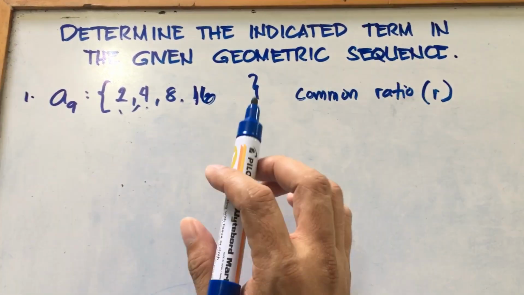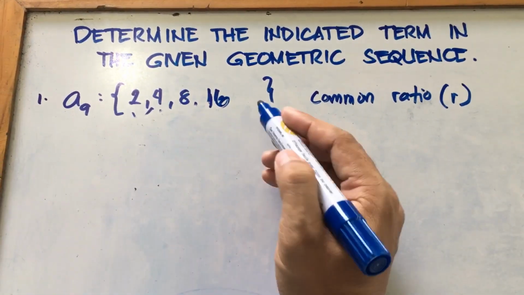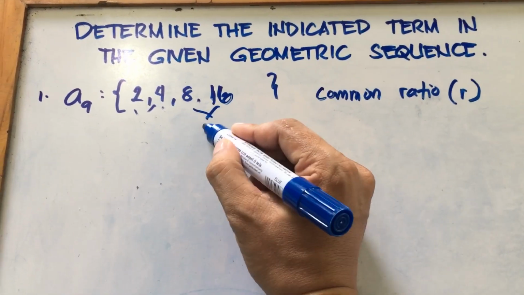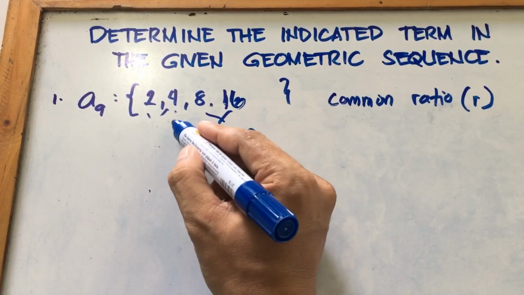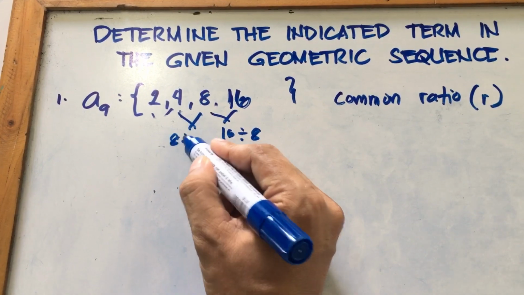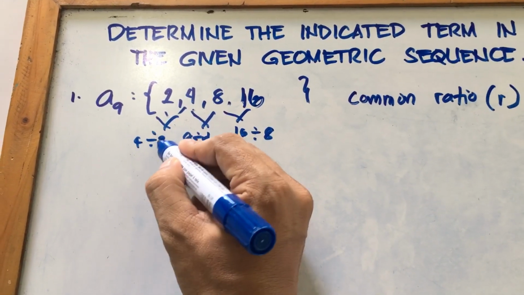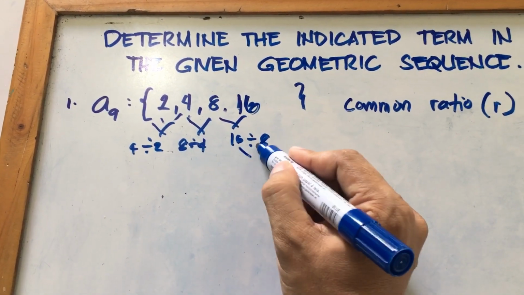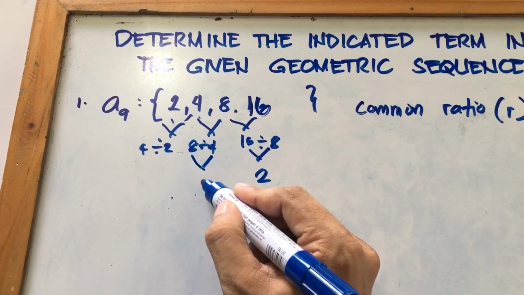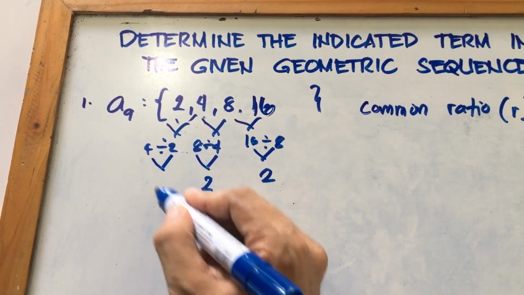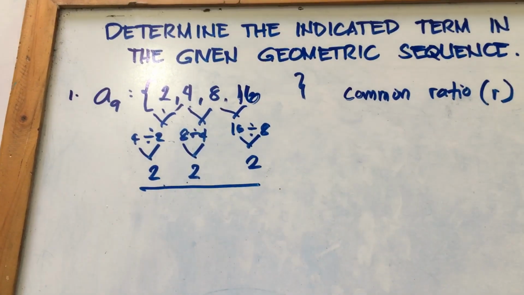That is 16 divided by 8, then 8 divided by 4, then 4 divided by 2. What is 16 divided by 8? You get 2. 8 divided by 4, you get 2. While 4 divided by 2, you get 2. And that is our common ratio.